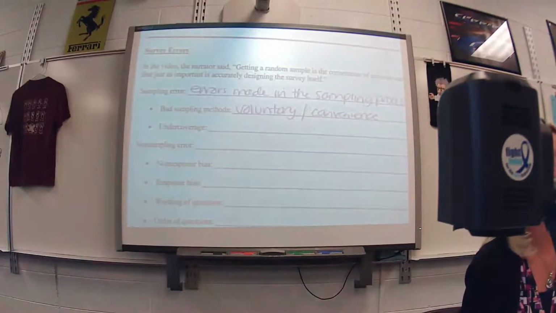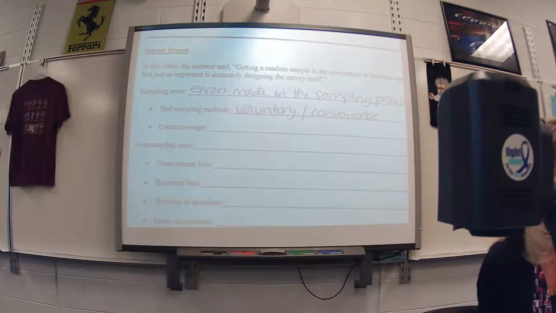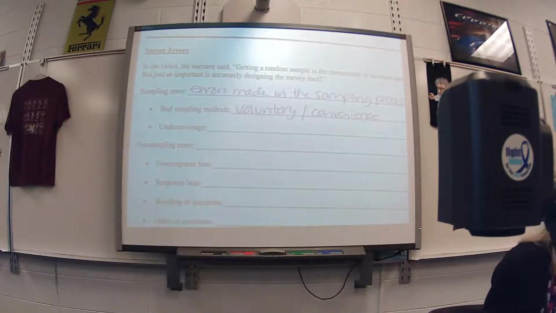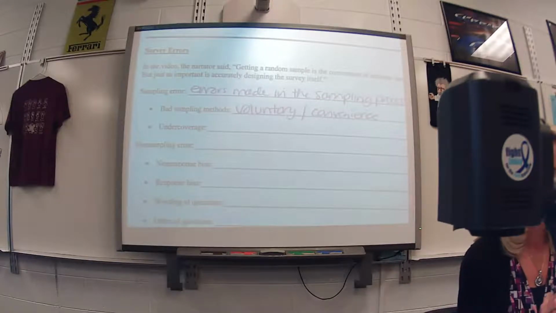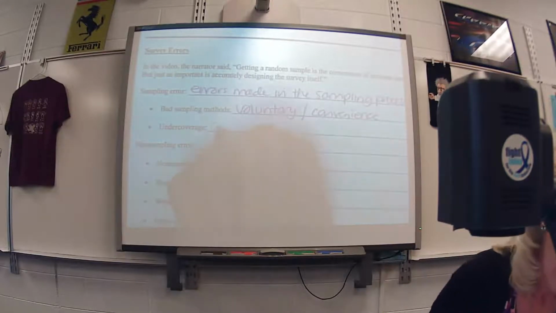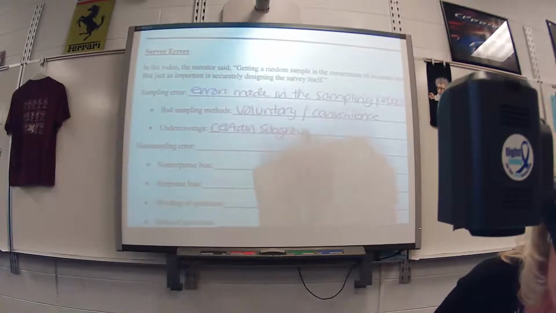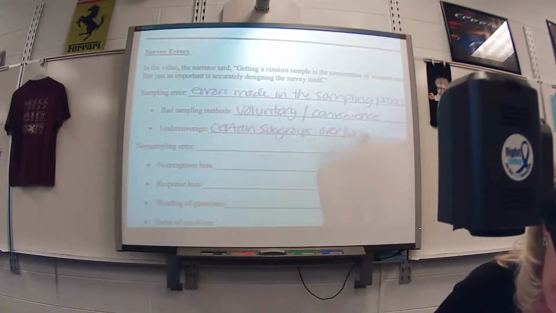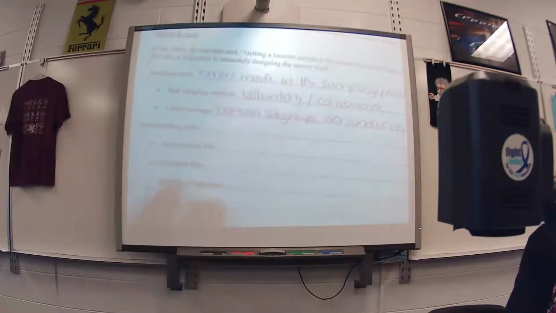Undercoverage is when you think you've identified, you're not doing convenience, you're not doing voluntary, you think you're doing a good method, but certain subgroups are either over or under represented.